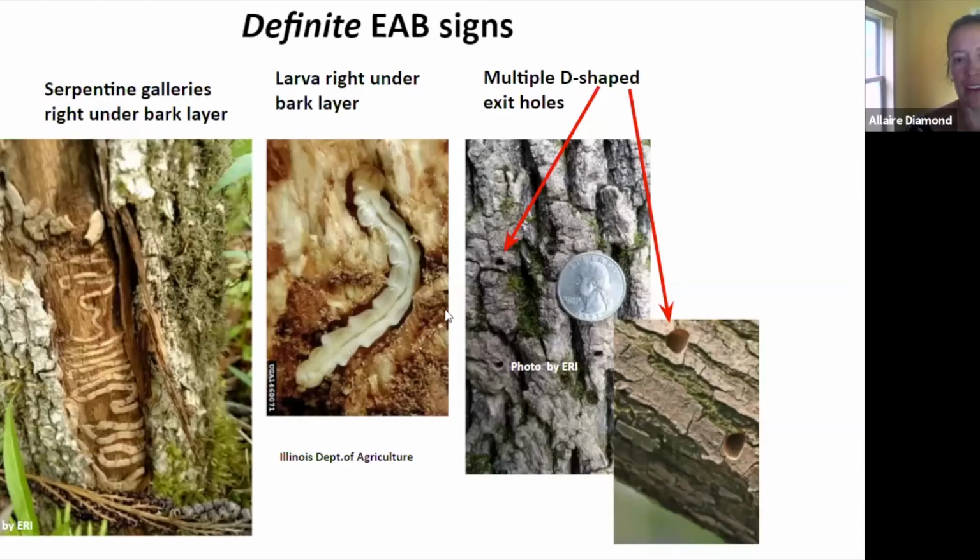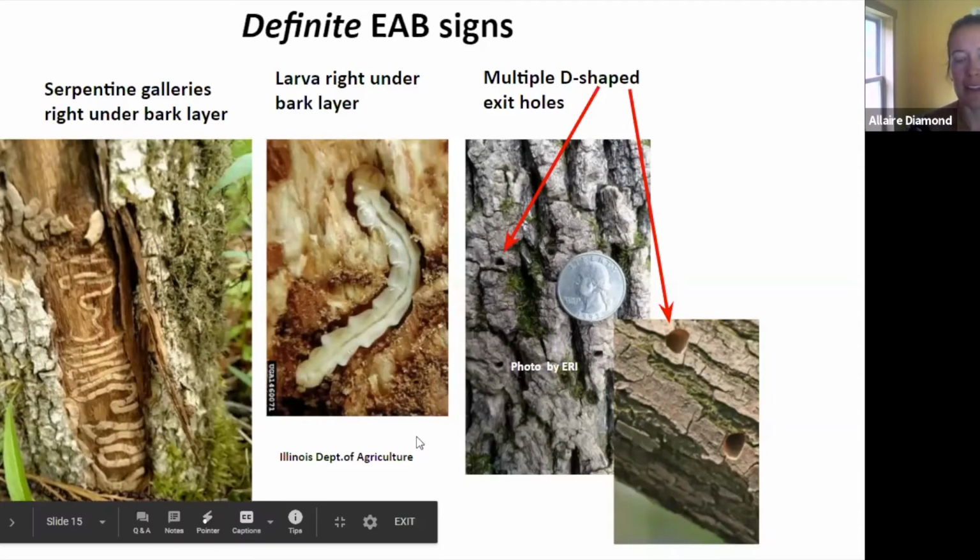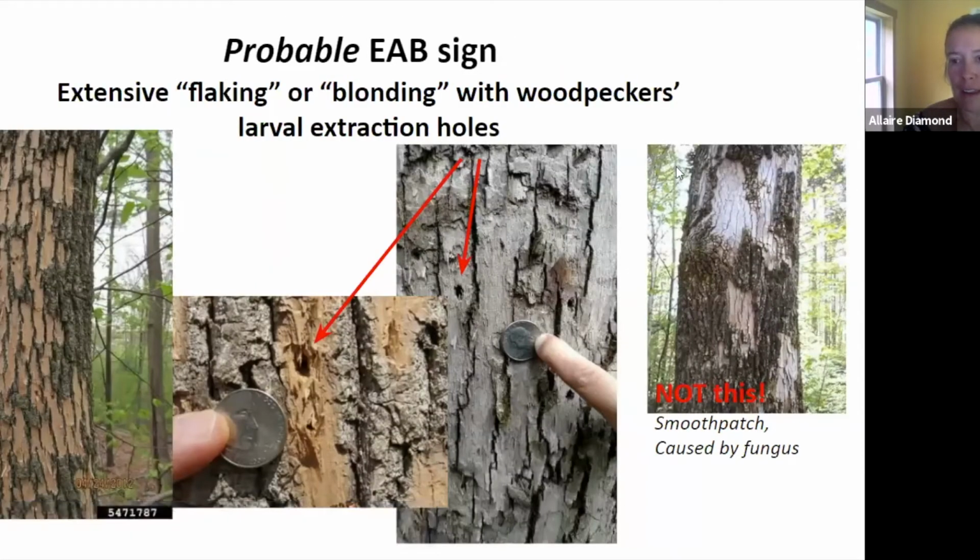One thing that is a lot more obvious, is what we have decided in working with ERI to label as a probable EAB sign. It's not a definitive sign, but the blonding or flaking on a tree with woodpecker holes where the woodpeckers have extracted the EAB larvae. I think some of you are probably aware of the really interesting observation followed by some research that shows that woodpeckers are some of the best natural predators of emerald ash borer larvae.